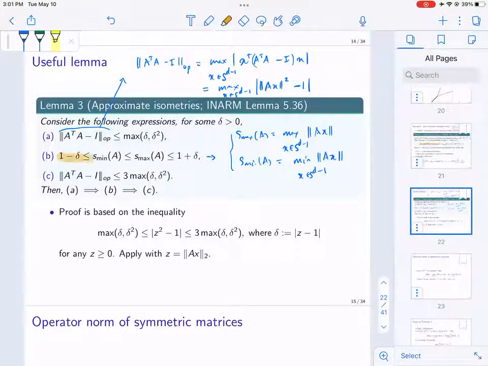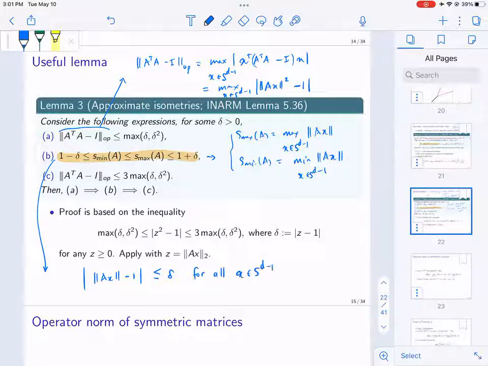So this inequality is equivalent to saying the absolute value of norm of Ax minus 1 is less than or equal to delta for all x in S^{d-1}. If you think about this, this is equivalent to saying that these quantities are between 1 minus delta and 1 plus delta for every x, and so the minimum and the maximum are exactly sandwiched.